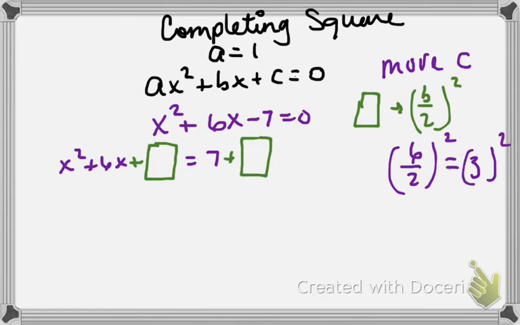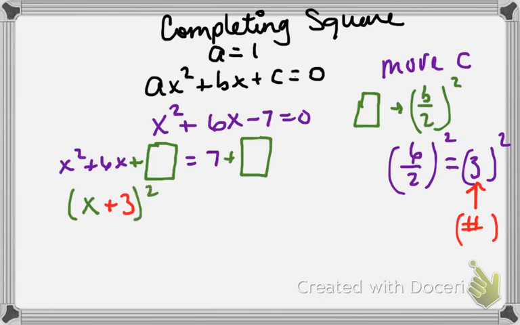Now, I want to make sure we really point this out. This guy right here is going to be the number inside your parentheses. Watch, this will be x. Let me erase this. I'm going to use a different color. This is going to be x, and that number over there, since it's positive, is going to be positive 3.